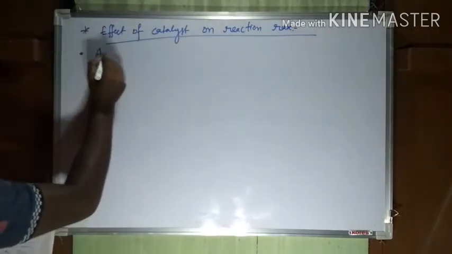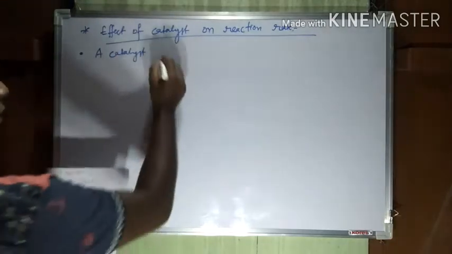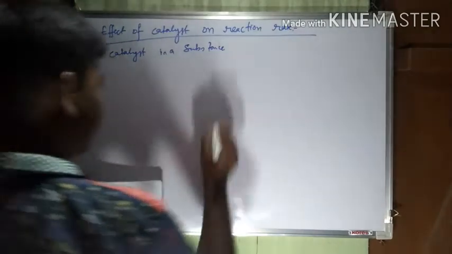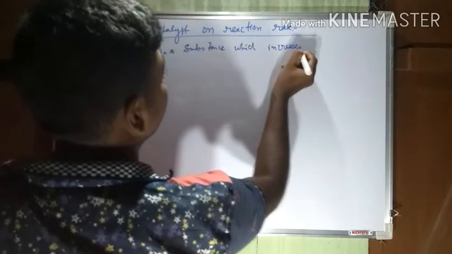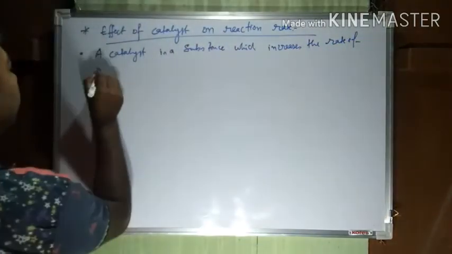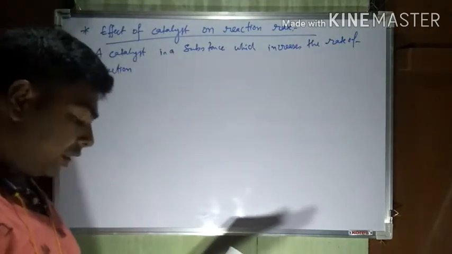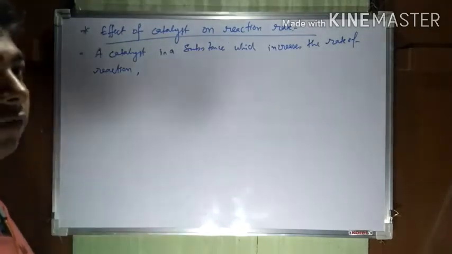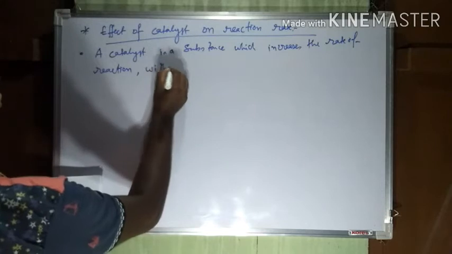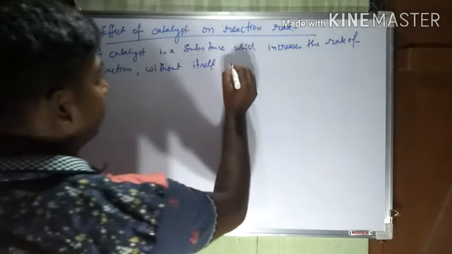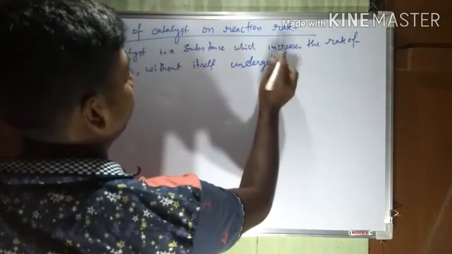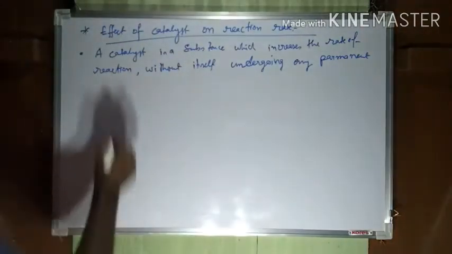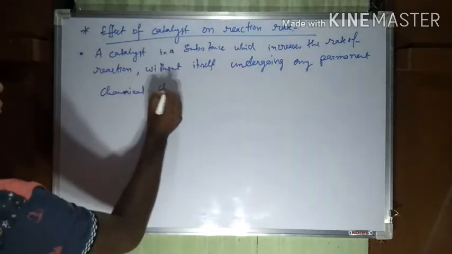A catalyst is a substance, it may be liquid or soluble, which increases the rate of reaction without itself undergoing any permanent chemical change.